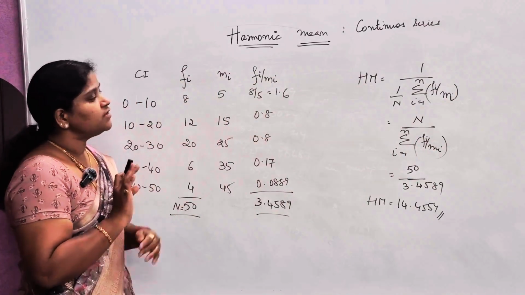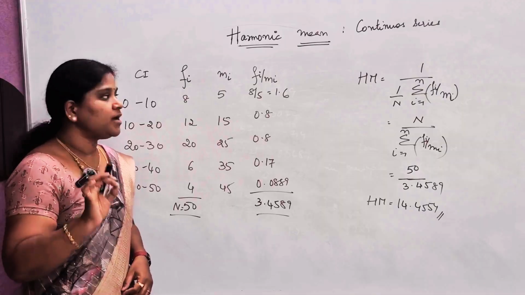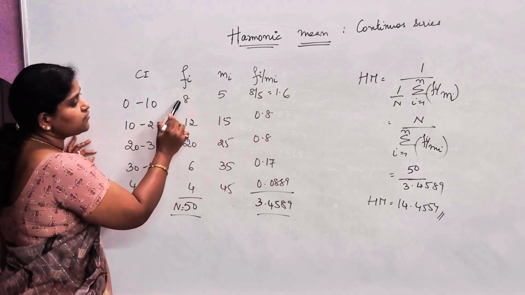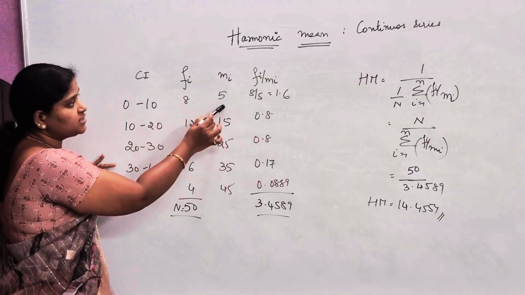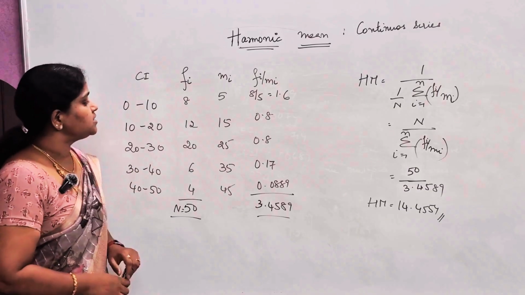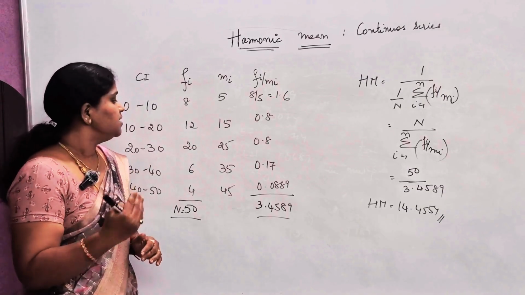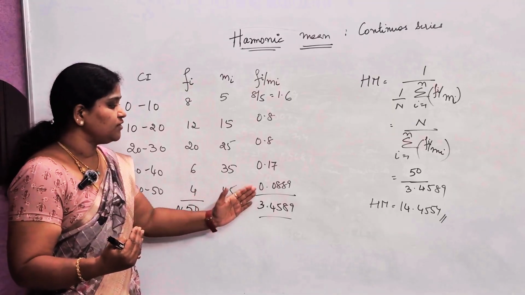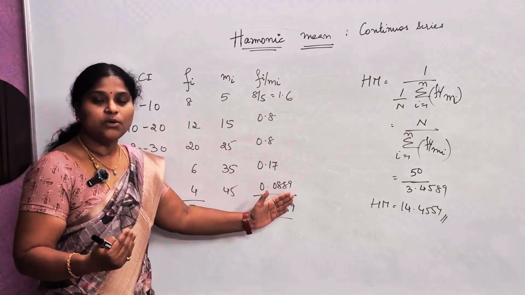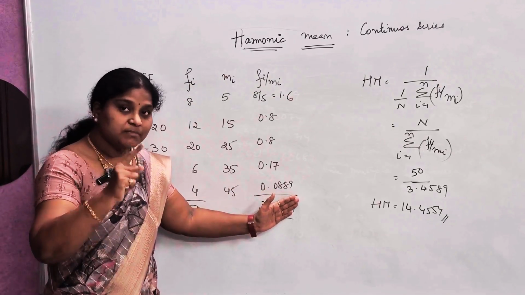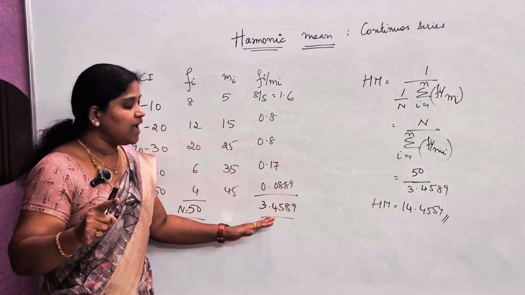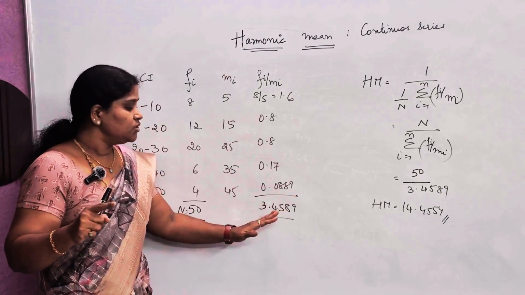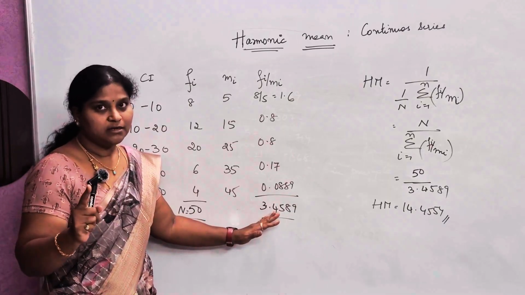So our formula is sigma fi by mi. We'll find the next column, fi by mi, by dividing the respective frequencies by the midpoints. 8 by 5 gives 1.6, 12 by 15 gives 0.8, 20 by 25 gives 0.8. Similarly, 4 by 45 gives 0.0889. We have sigma fi by mi, so I'll add all the values in this column to give 3.4589.